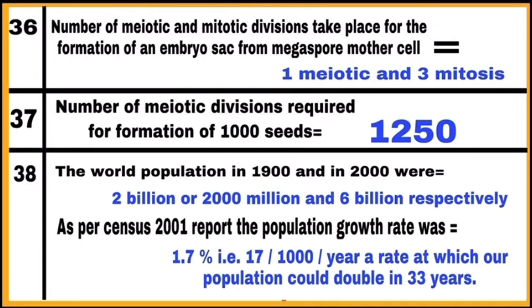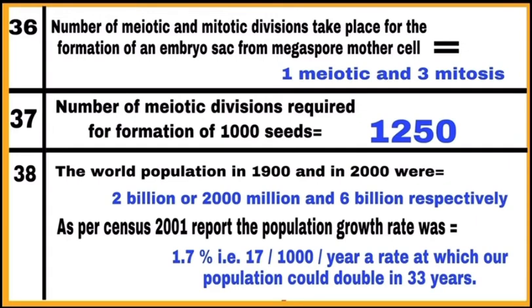Now after this, add the two values 1000 and 250, answer will be 1250 meiotic divisions.